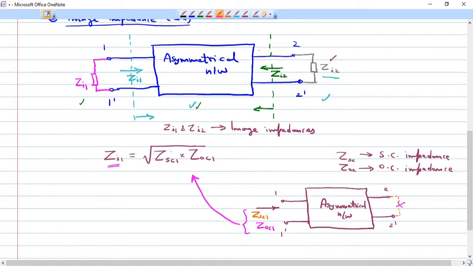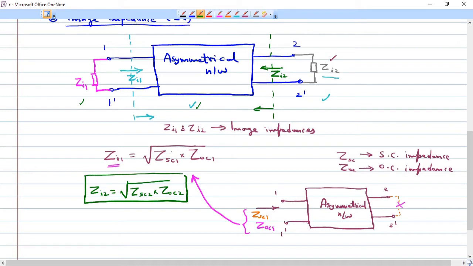Similarly, you will be able to write the image impedance with respect to port 2, Zi2, as the geometric mean of the short circuit impedance ZSC2 into open circuit impedance ZOC2. So this method also you can use to find the respective image impedances.